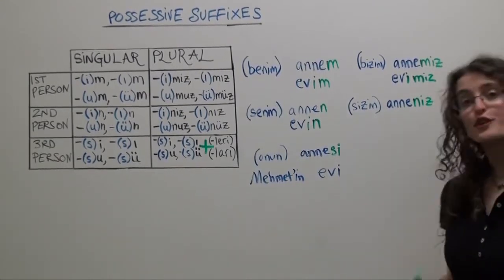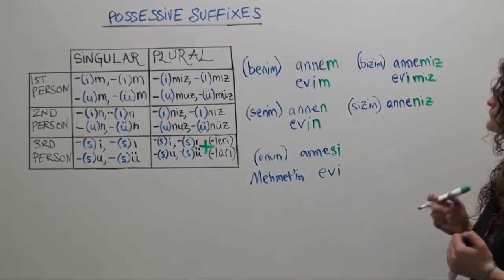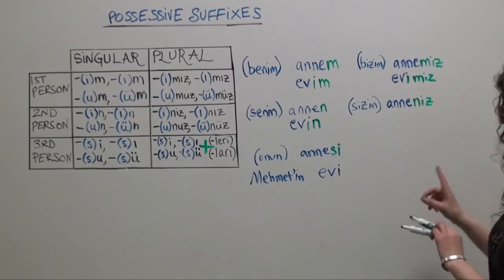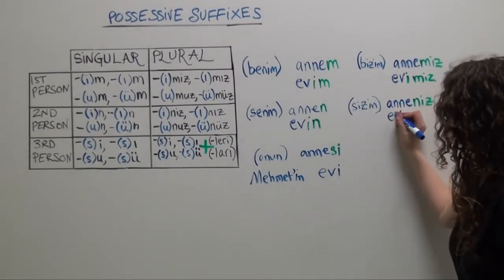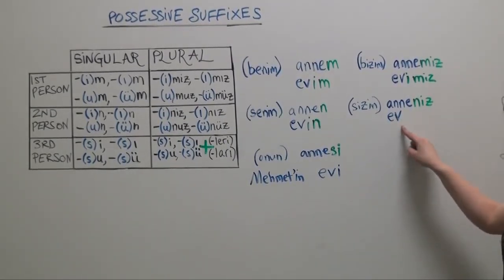Finally, we come to the third person plural. So let's say we want to say their mother. Actually, before we go on to their mother, I just want to throw up the example for ev, the house, so we'll see how it works with a noun that ends in a consonant.